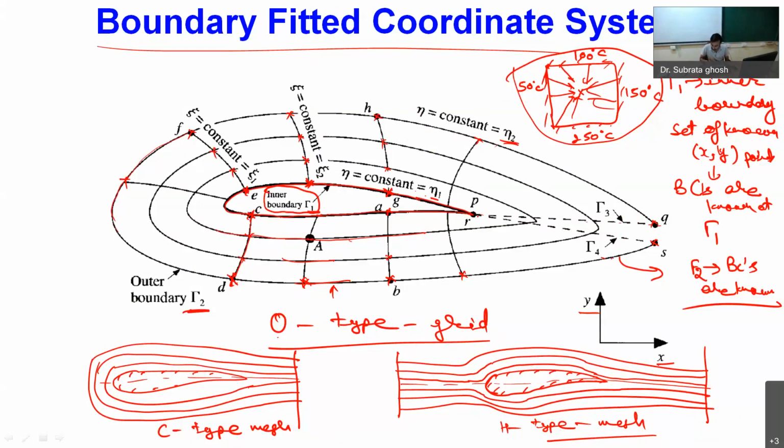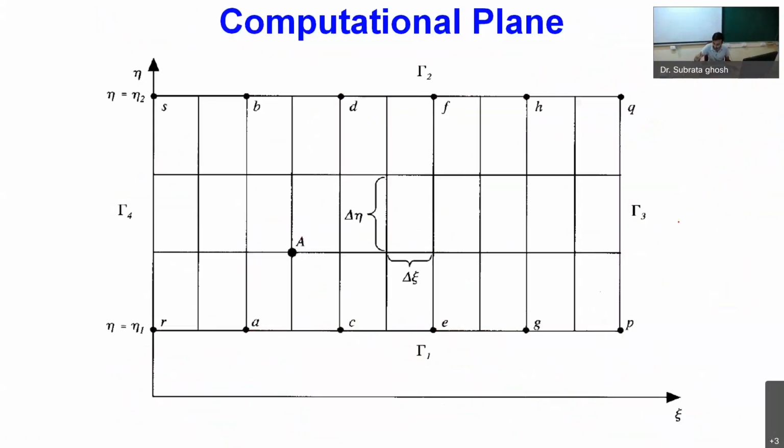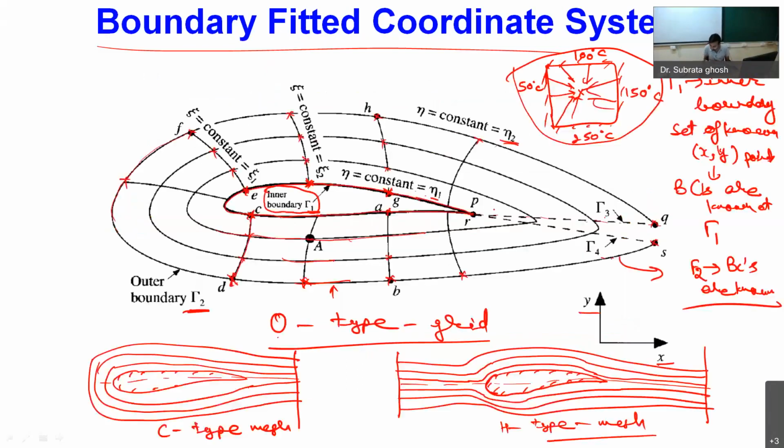Once I have made this small cut, I will find a wedge-like structure over here. In this wedge-like structure, the top portion represents gamma 3, and the P and Q points correspond to it. R and S points correspond to gamma 4.